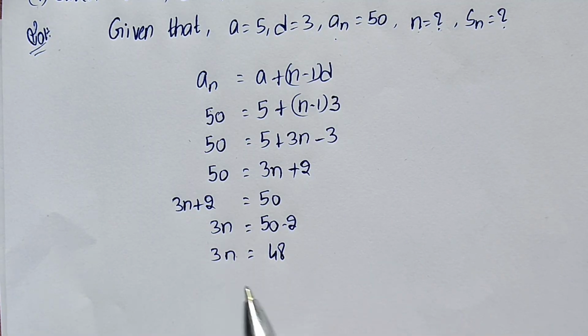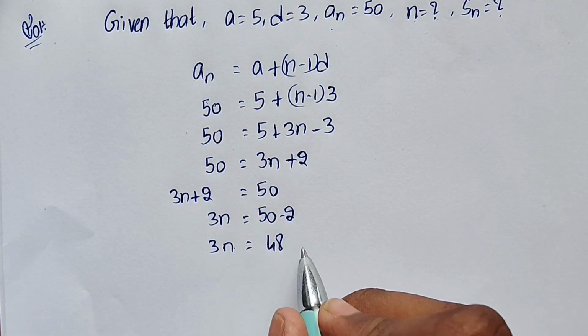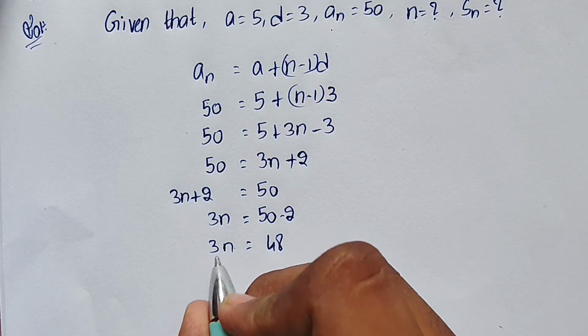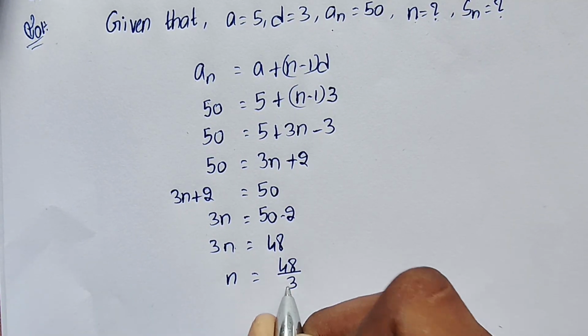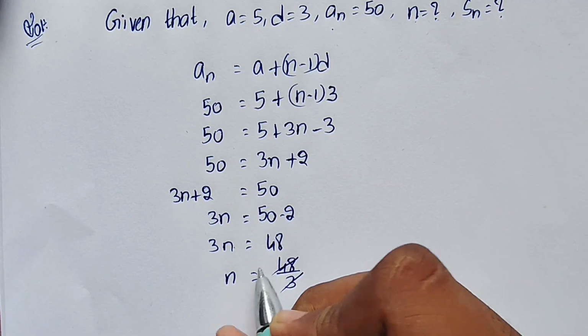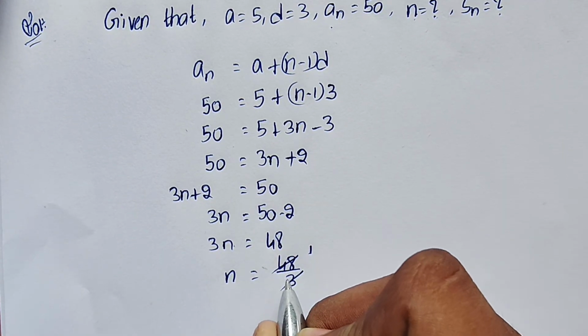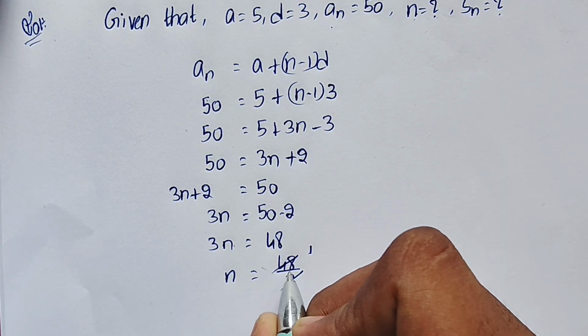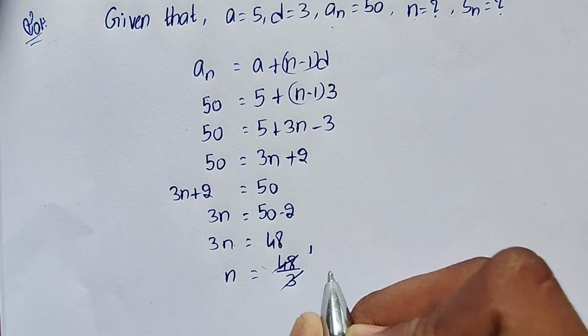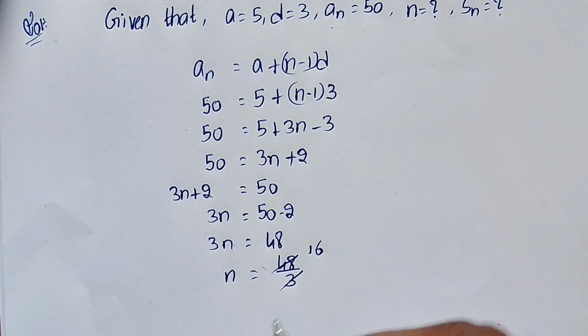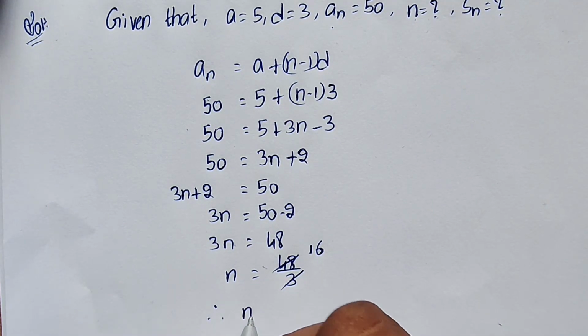Here 3 is multiplying, and if we transpose 3 to the right side, it will divide 48. So n = 48/3. 3 ones are 3, it remains 1. 1 before 8, 18. 3 sixes are 18. Therefore, the value of n that we got is 16.